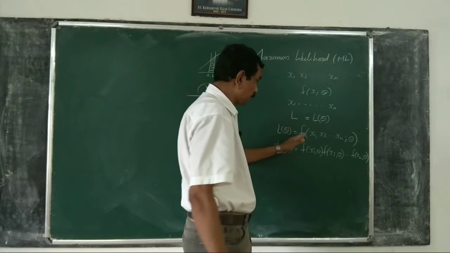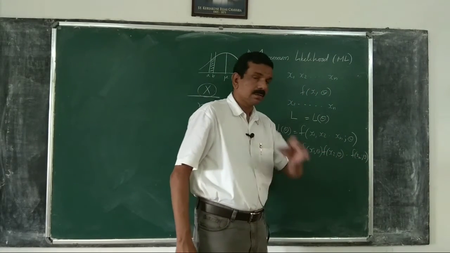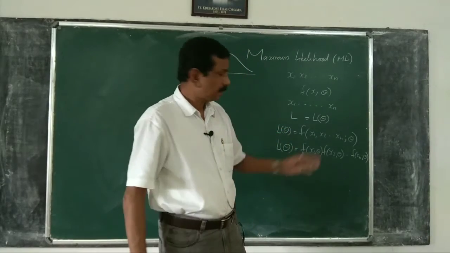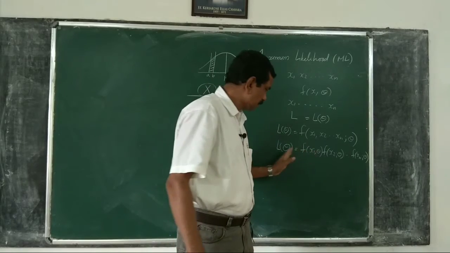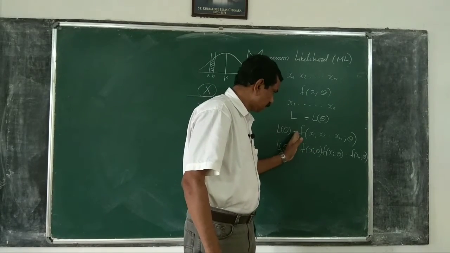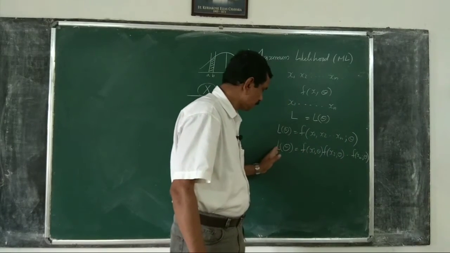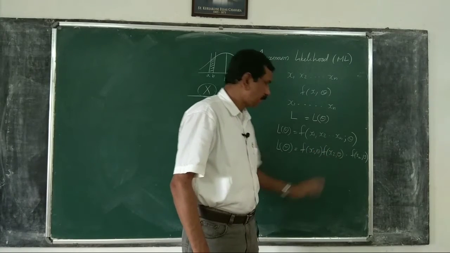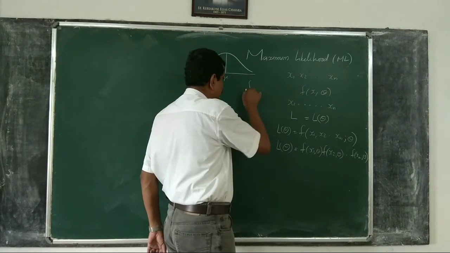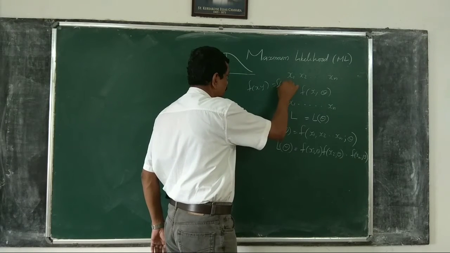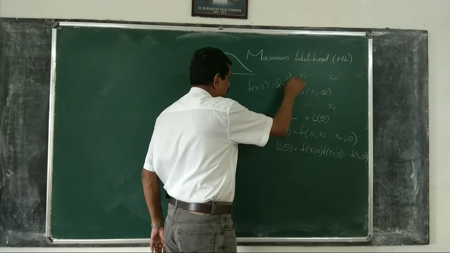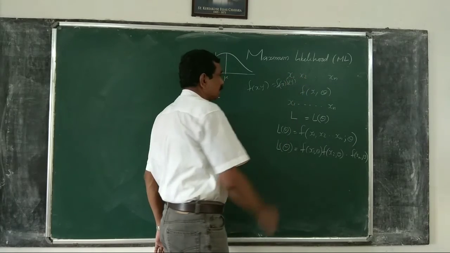As x1, x2, etc. xn are taken independently and identically, IID, L(theta), the joint PDF, is the product of individual PDFs. As we know, if x and y are two independent random variables, f(x, y) is equal to f(x) into f(y).